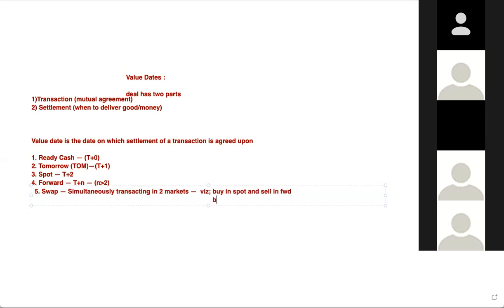Or buy in forward, sell in spot. I can sell today and also keep a dealing in a forward contract to buy. Understood? So that is how it works.